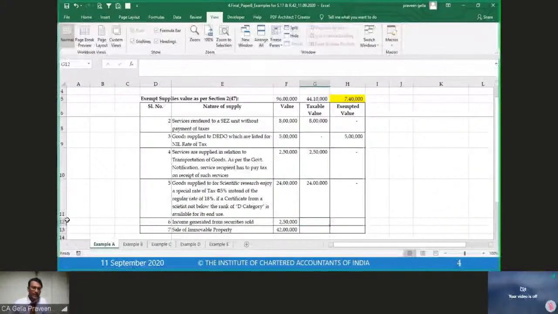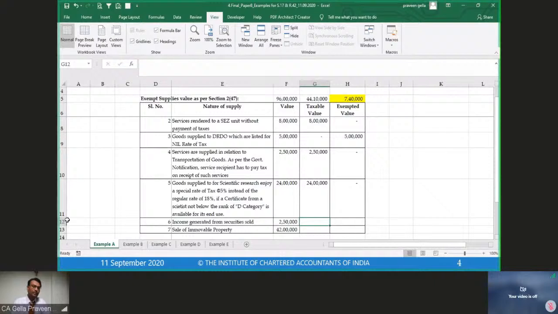Income generated from securities. At this moment, there's one question from one of the friends who asked in the last session: Sir, is it important for us to read the definitions? That particular question comes from here. When I read the definition of goods, it says goods exclude securities.